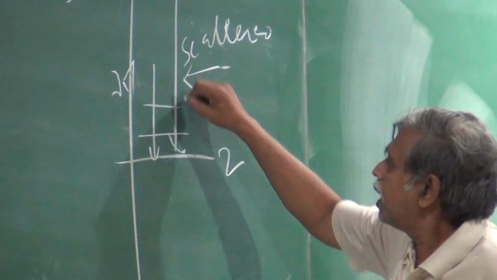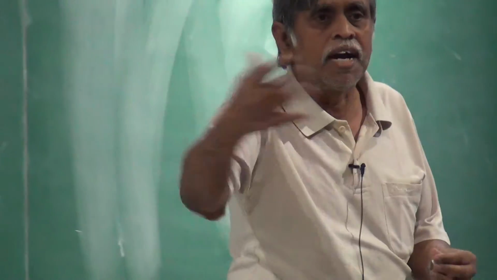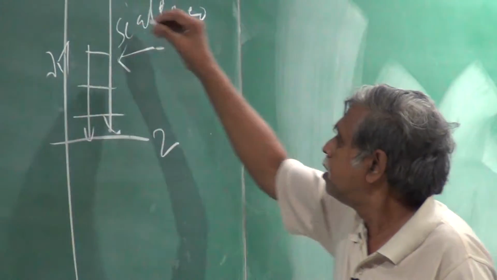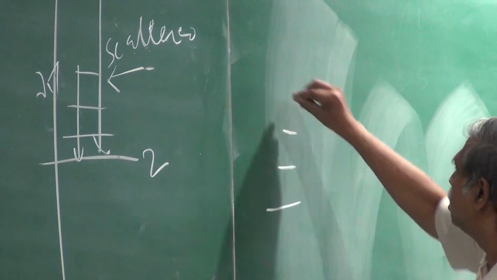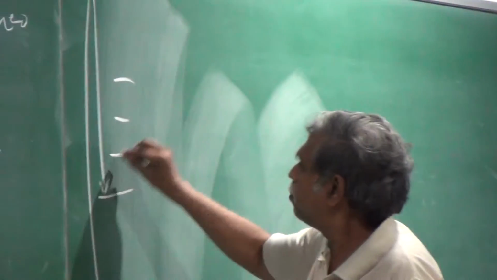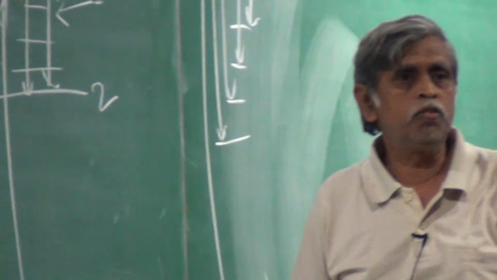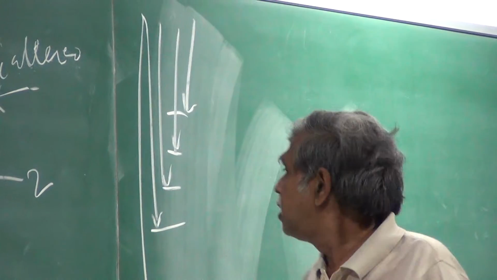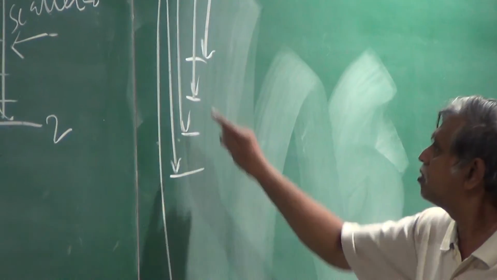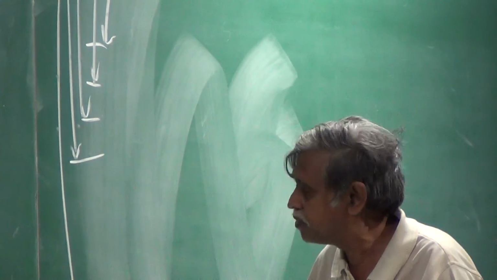And of course, if I have a variety of levels, then I have a variety of scattered photons. Because in each case, I have this coming in, and the molecule can come back here. So my scattered photon will have discrete frequencies at which you will be able to observe them, such that the difference between this and this is this difference, this photon and this photon is this difference, and so on.